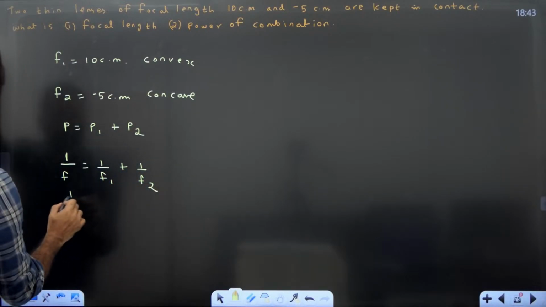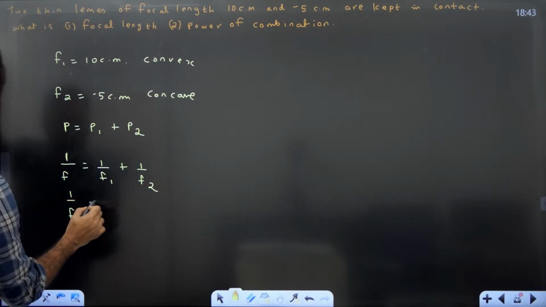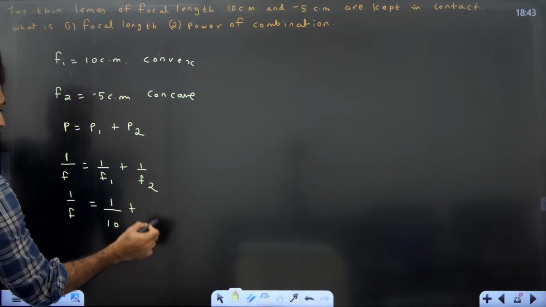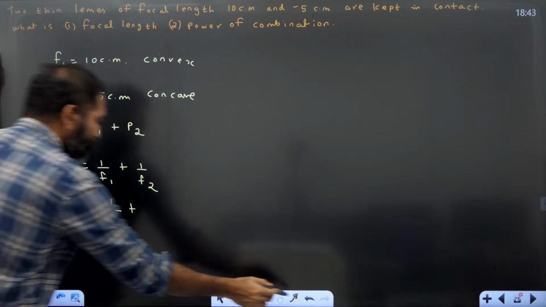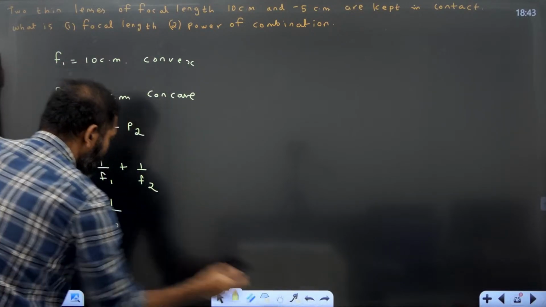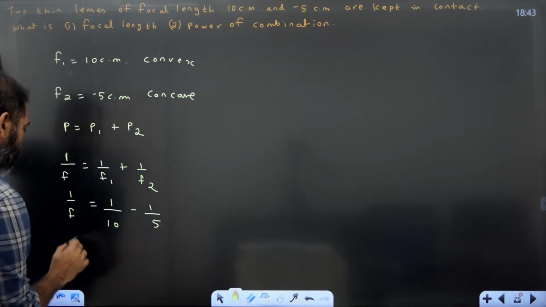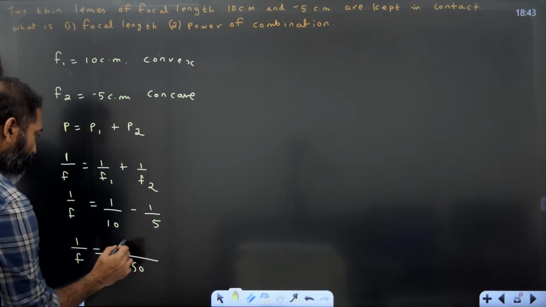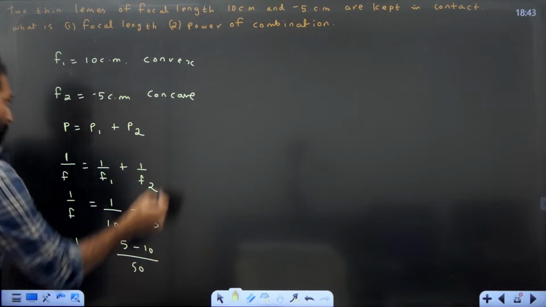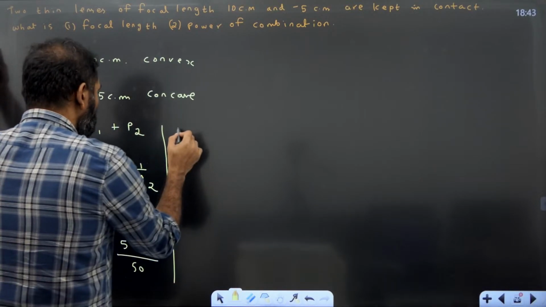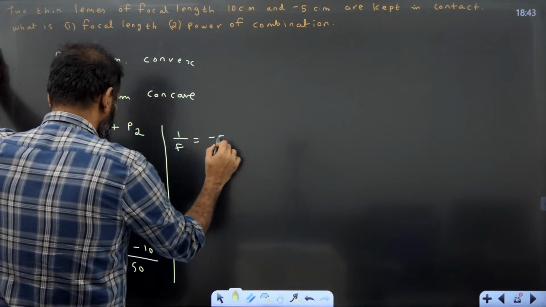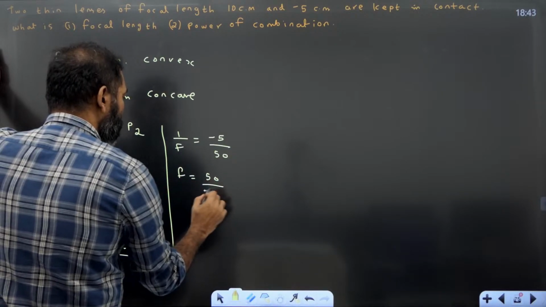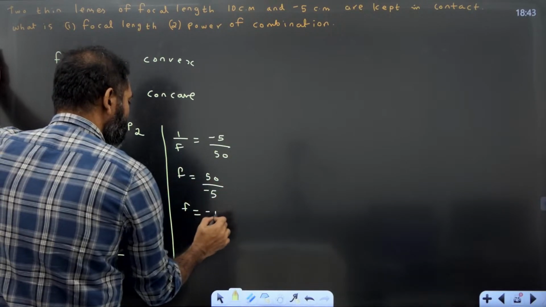So 1 by f is equal to 1 by 10 plus 1 by minus 5, which can be written as 1 by 10 minus 1 by 5. LCM 50, so 1 by f equal to 5 minus 10 by 50, that is minus 5 by 50. So f is equal to 50 by minus 5, so f is equal to minus 10.